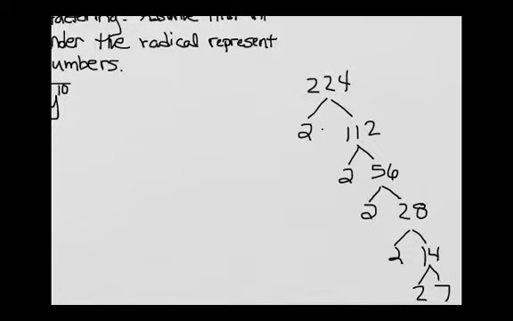So 224 is the product of 2 times 2 times 2 times 2 times 2 times 7, or 2 to the 1, 2, 3, 4, 5 power. So we can rewrite this as 2 to the 5th times 7.